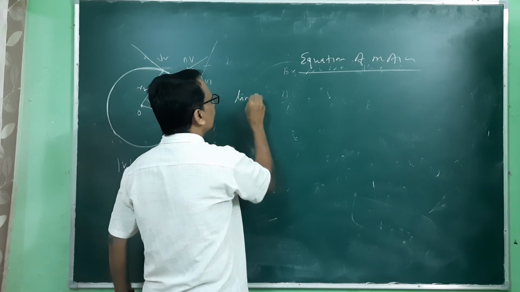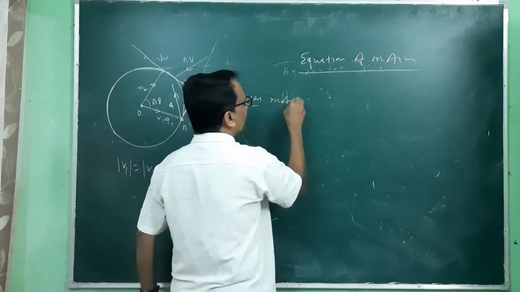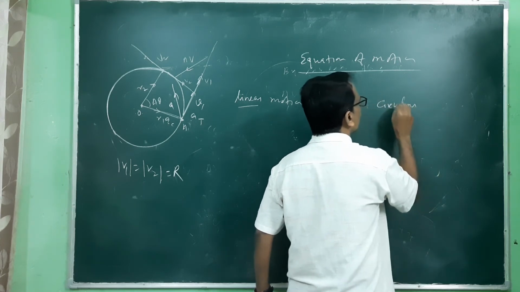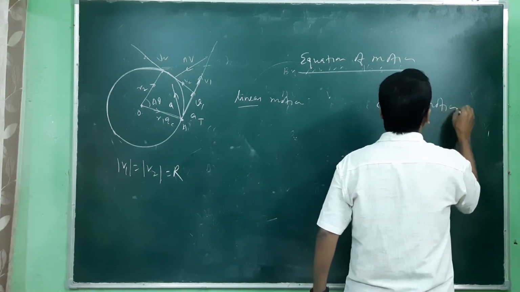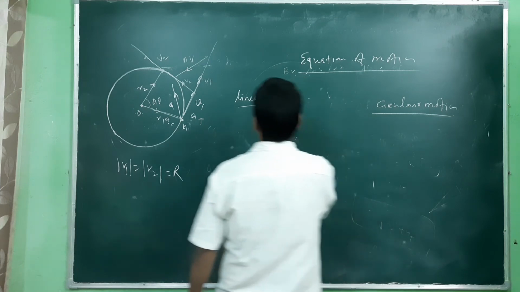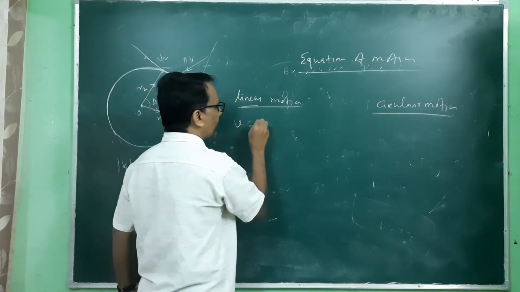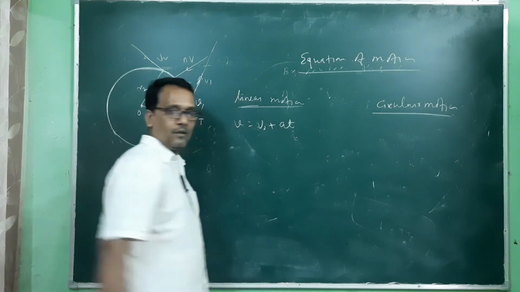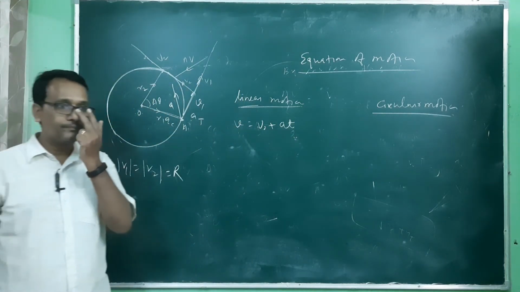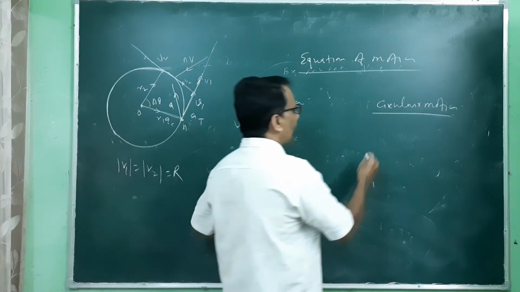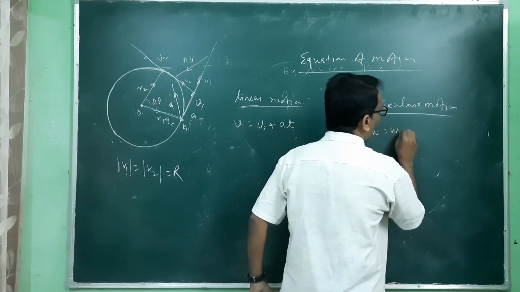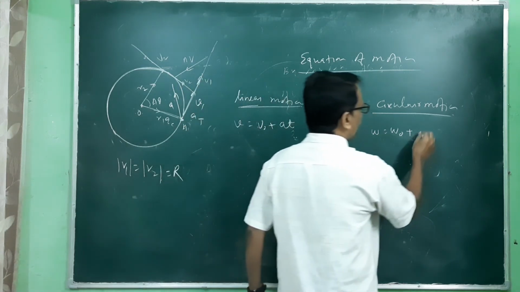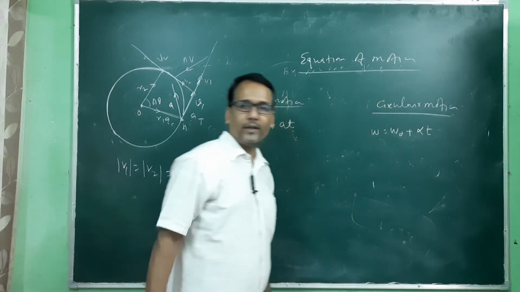The equations of motion for linear motion and circular motion. In linear motion, what we have is v equivalent to v naught plus at. So here, in place of v, we will have omega, that is equal to omega naught plus alpha t.